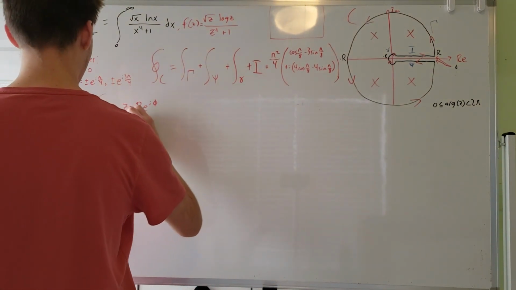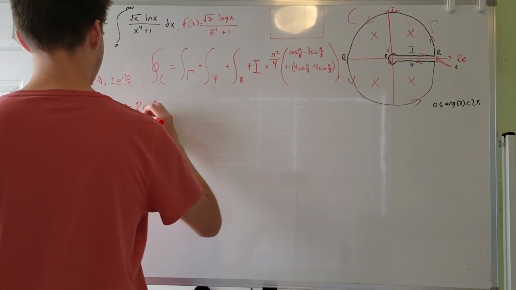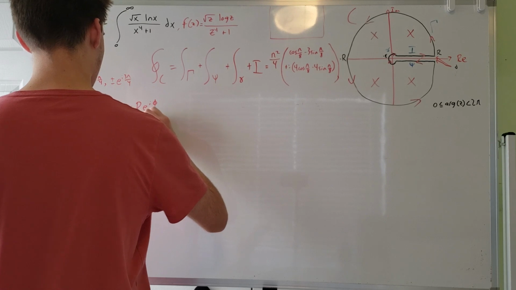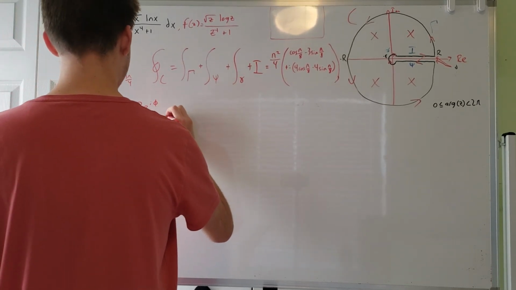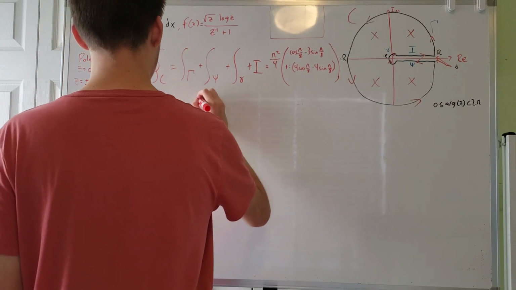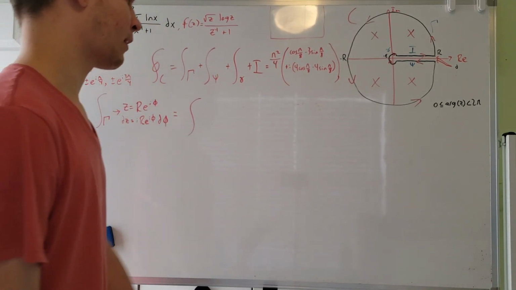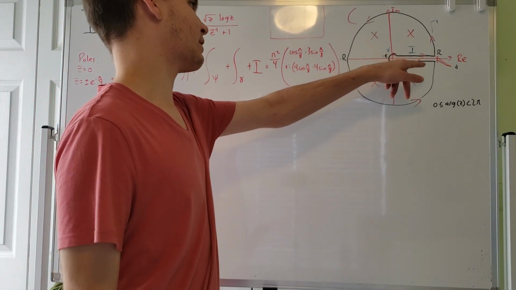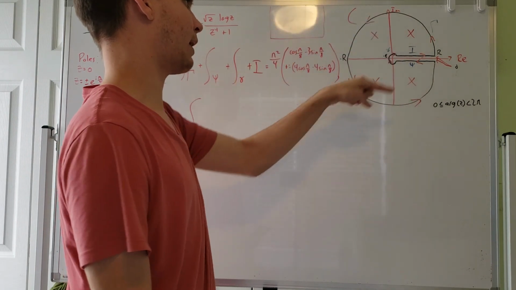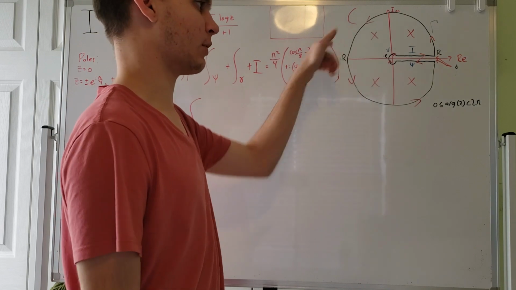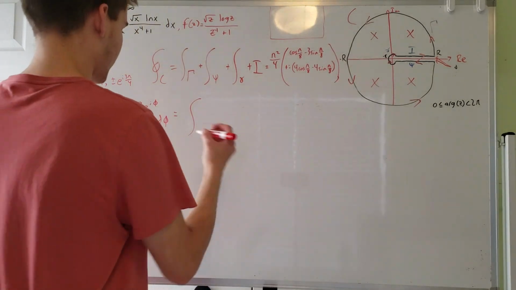And then we differentiate: dz equals ir e to the I phi d phi. And now let's do our integral. So as d goes to 0 and our epsilon goes to 0, we're basically integrating from 0 to 2 pi. Our phi is going from 0 to 2 pi along this circle, because it's a full circle.